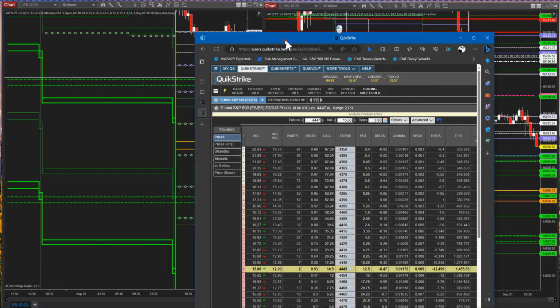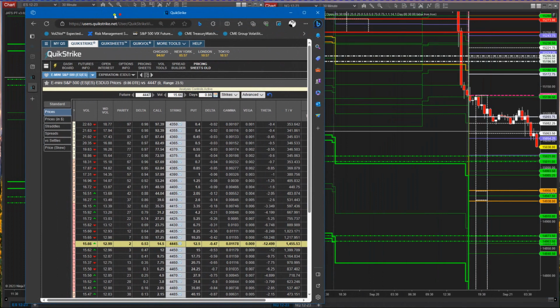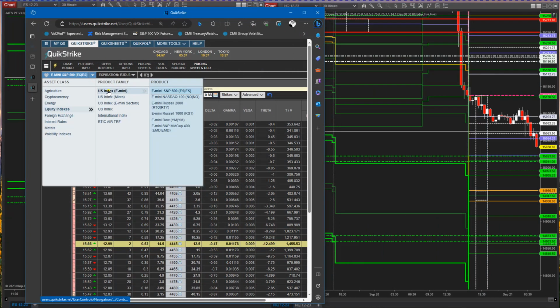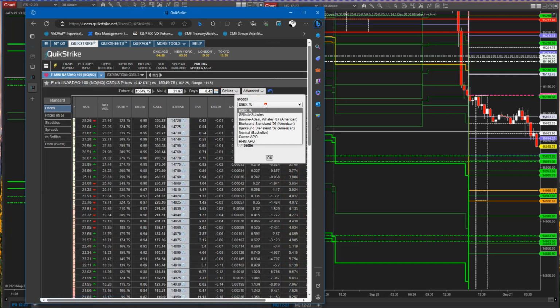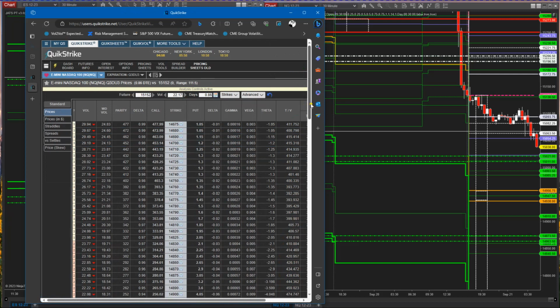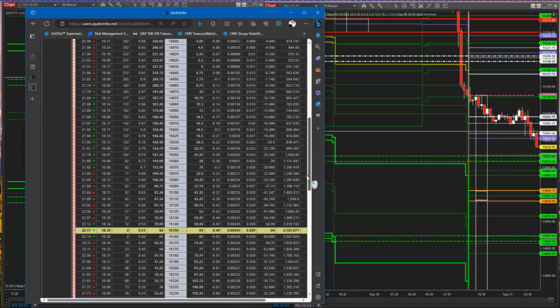So let's take a look at the pricing sheet for the NQ. Black Scholes on the settlement. 14,675 is the end.